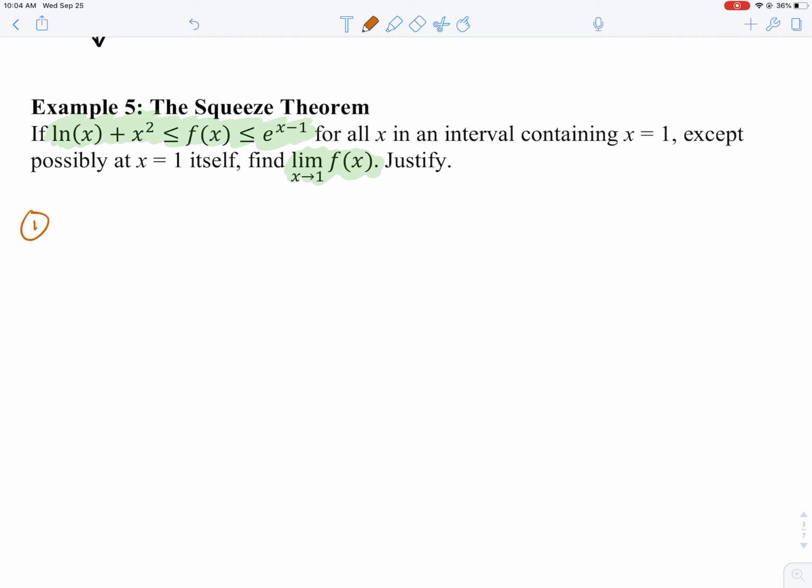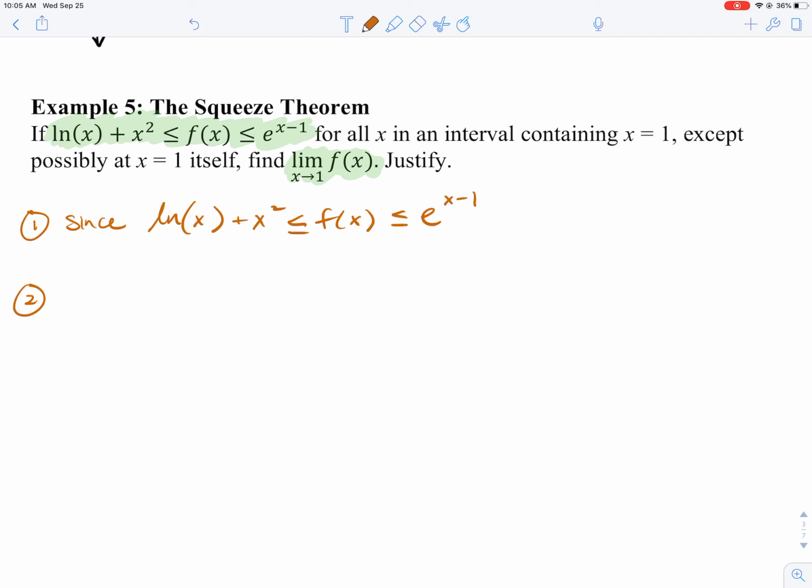So remember, our first step is just going to be to state the relationship. The fact that I've given you the inequality already makes it really easy. And then the second step is going to be to show the limits of the outside functions.